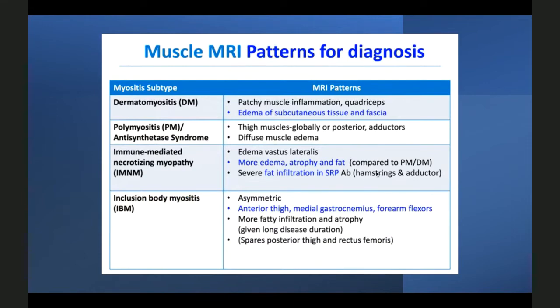And the muscle groups affected is also important to distinguish between these different types of myositis. For IBM, as I told earlier, it is asymmetric and will affect the finger flexors and proximal musculature in your lower muscle groups.